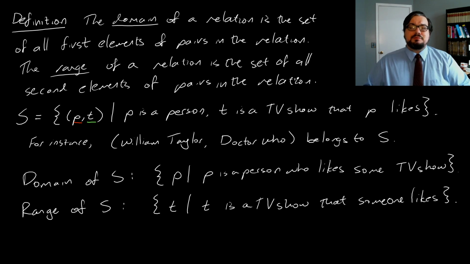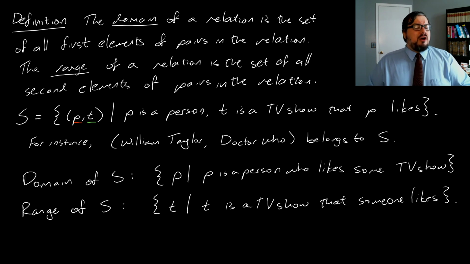One good additional example for you to think about would be the relation of X to Y, where X and Y are people, and X is a parent of Y. And so that will mean that the domain of that relation would be the set of all people who are parents of some person, whereas the range would be the set of all people who have parents.